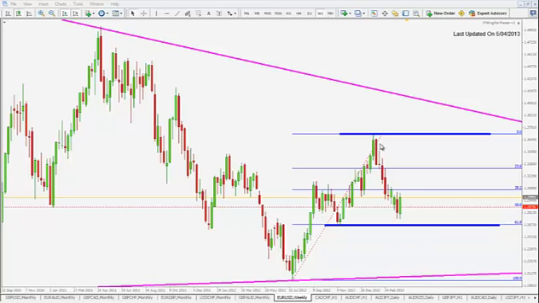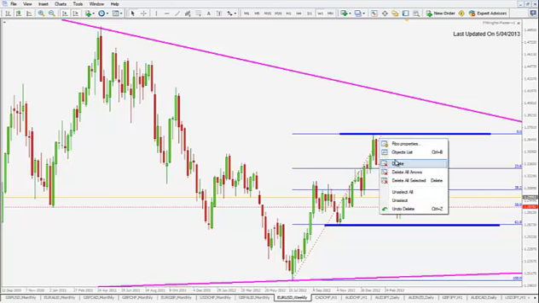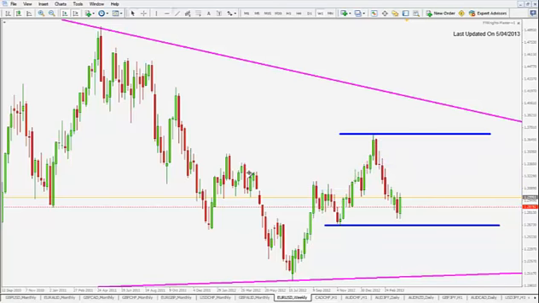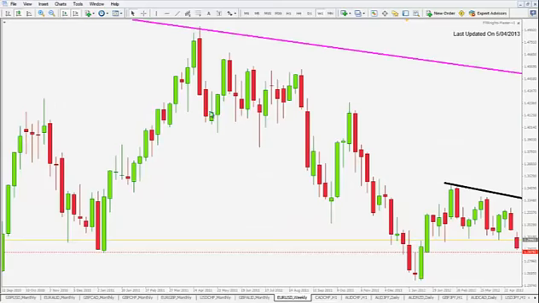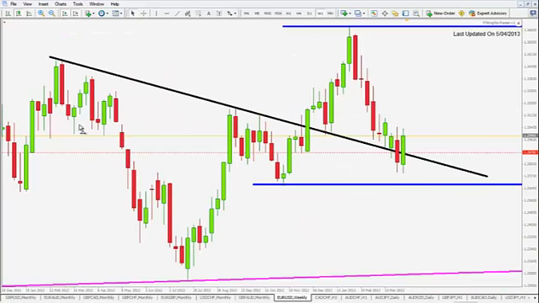Also, we have a trend line coming in this way. Let me just draw this and zoom in for you to see clearly. That line there has been acting as resistance. We got resistance here, resistance here.